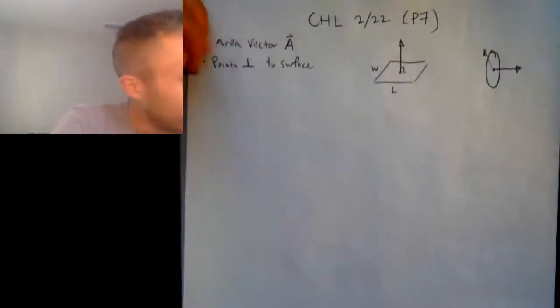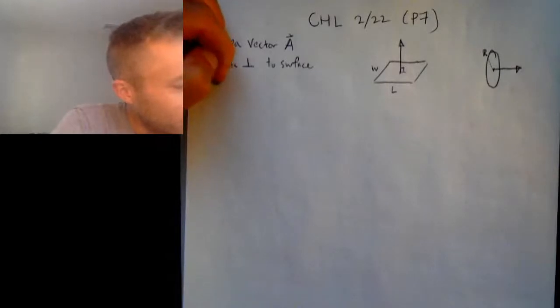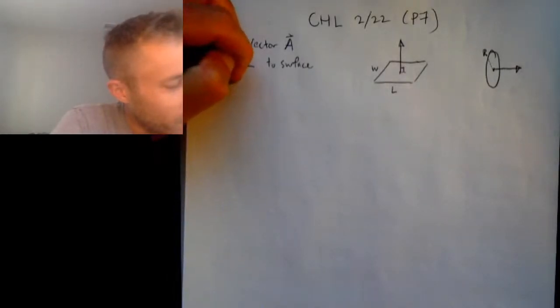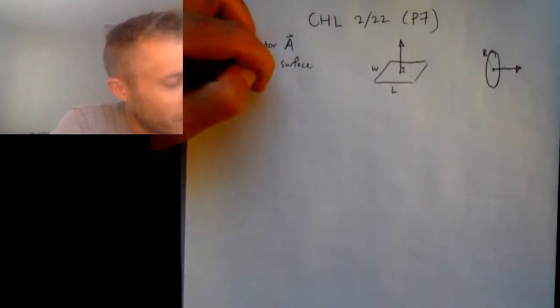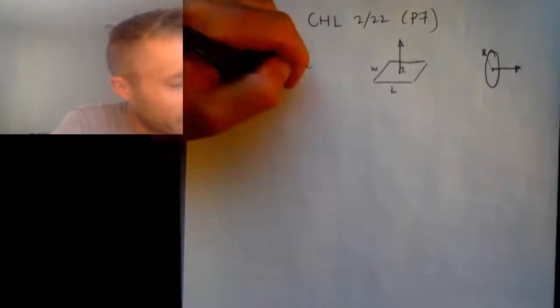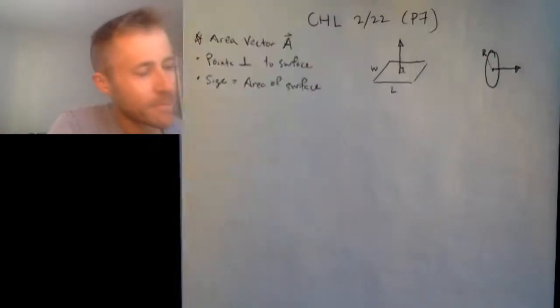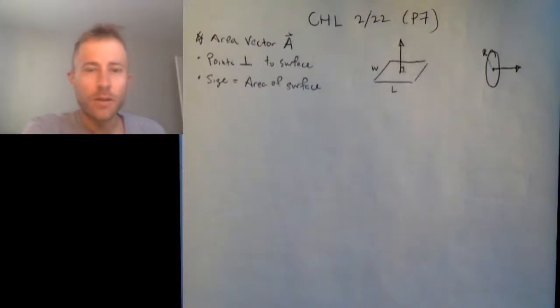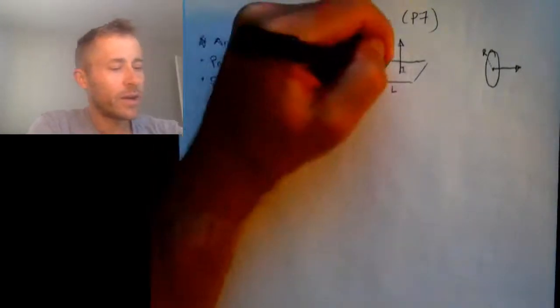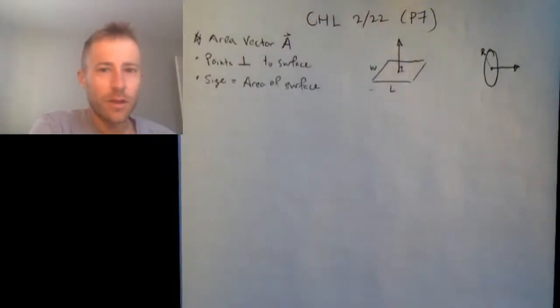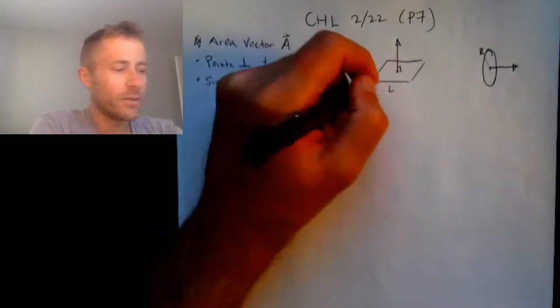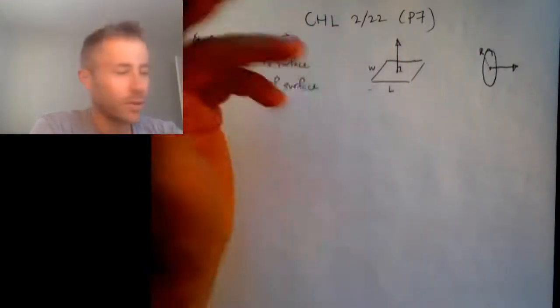The size of the area vector is equal to the area of the surface. This is a rectangle, and rectangles have an area of W times L, length times width.